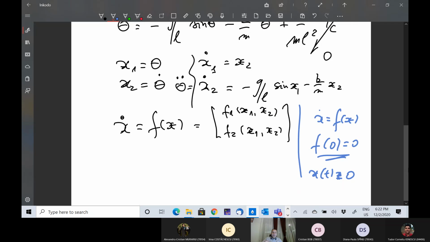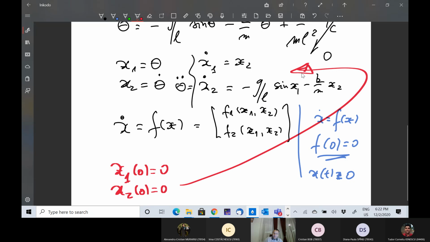If we take the initial condition 0 and plug it in here, what will we get out? What will be the solution? Think a little bit. x2 is 0. The derivative of x1 is 0.